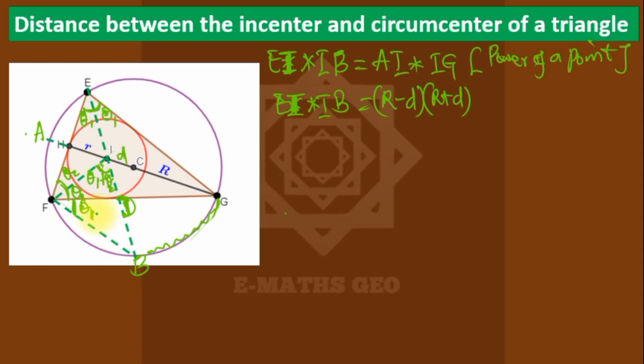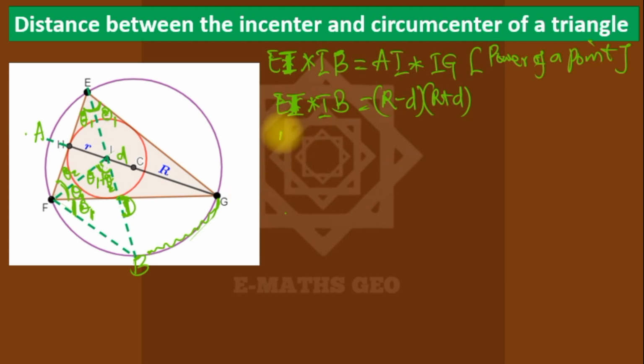So we are still correct. We see that FB and IB are equal because triangle IFB is an isosceles triangle, having the same base angles, theta 1 plus theta 2. So the lengths FB and IB are equal.